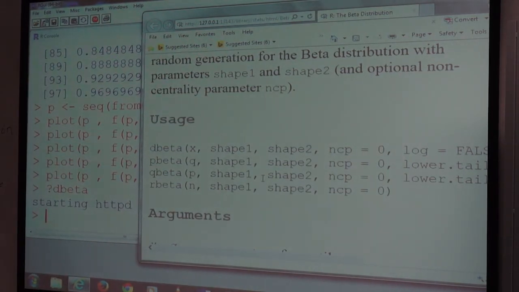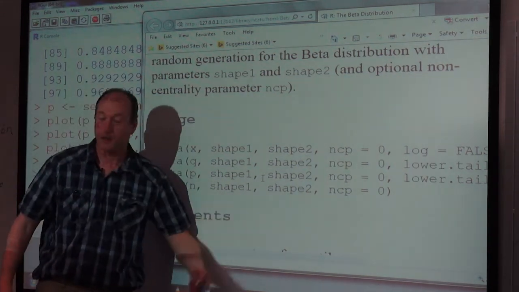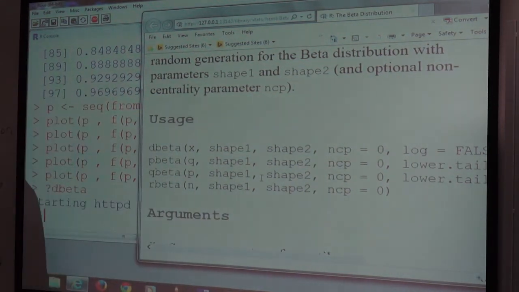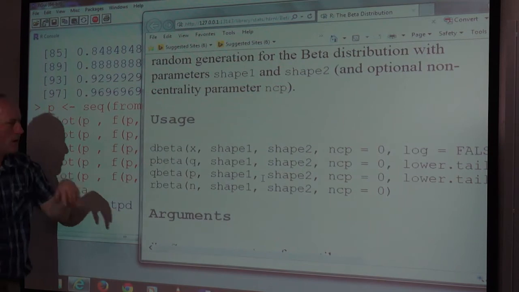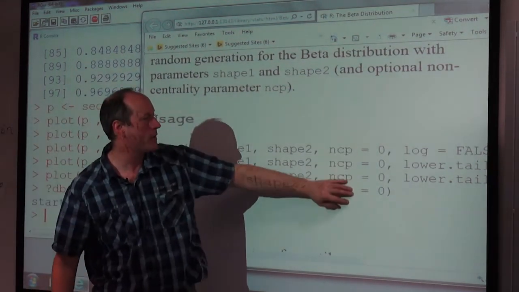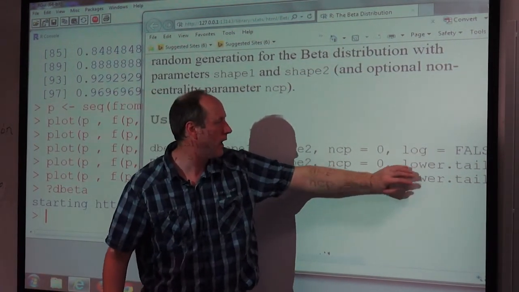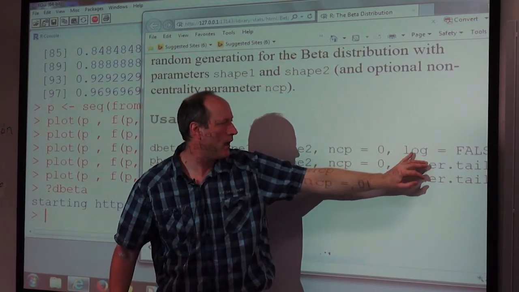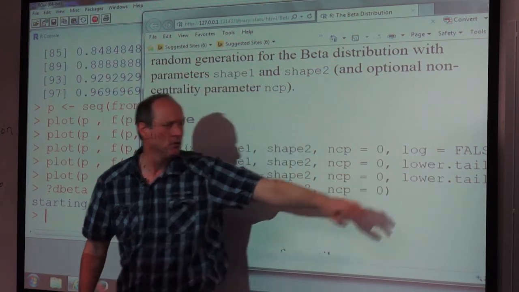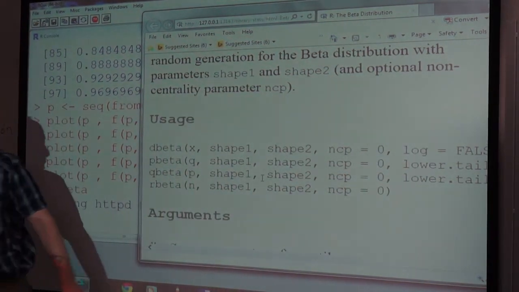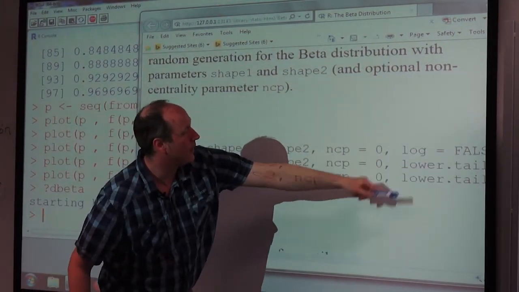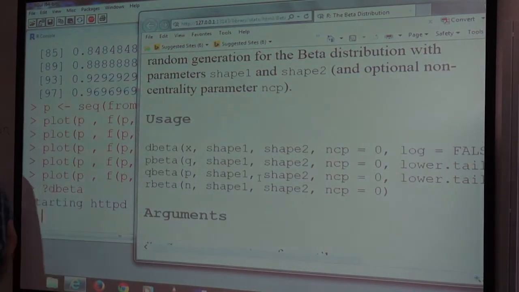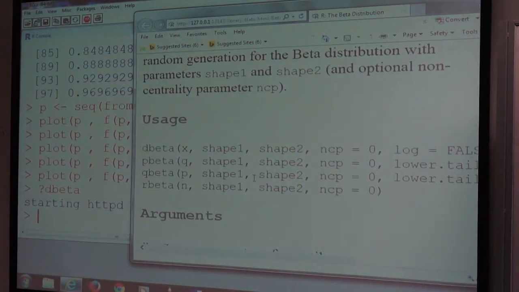That's just the way they've done it, and who am I to argue? I'm not covering the non-centrality parameter. I might cover the log, and the lower tail just works the same as it works for pchisq and pnorm.